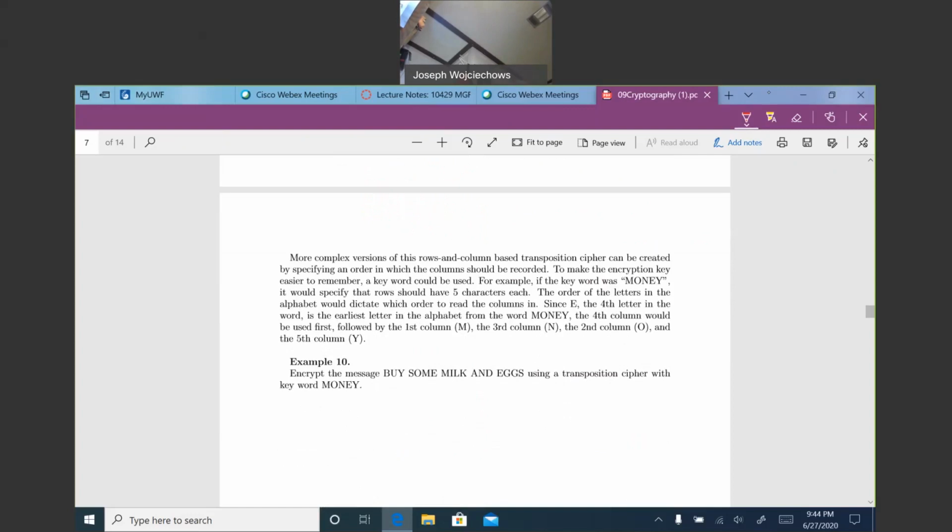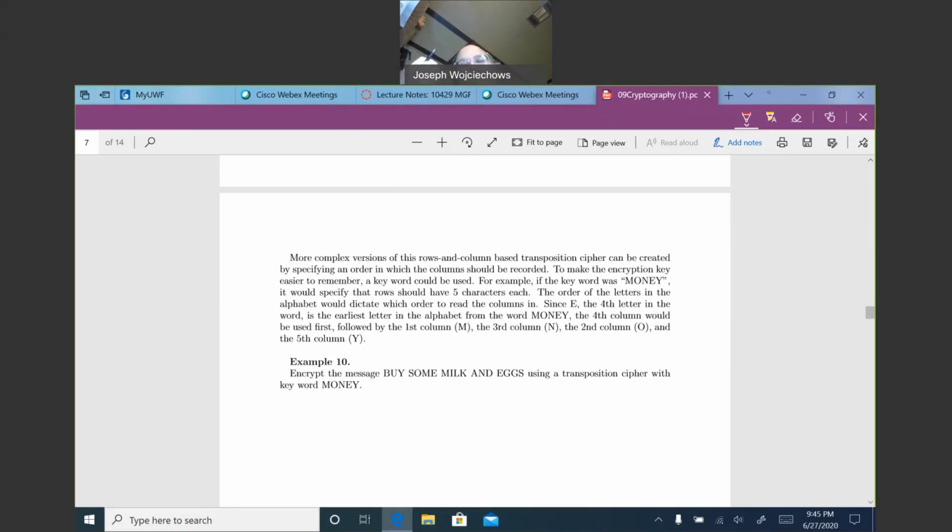Okay, now that's still not too difficult to figure out. So another method that is used is we have a code word to tell us the order of the columns. A more complex version of this rows and columns based transposition cipher can be created by specifying an order in which the columns should be recorded. To make the encryption key easier to remember, a keyword would be used.